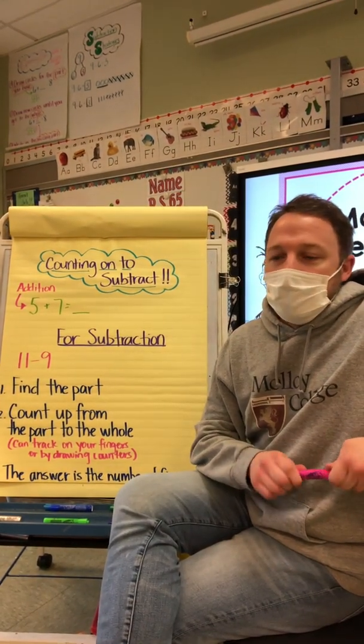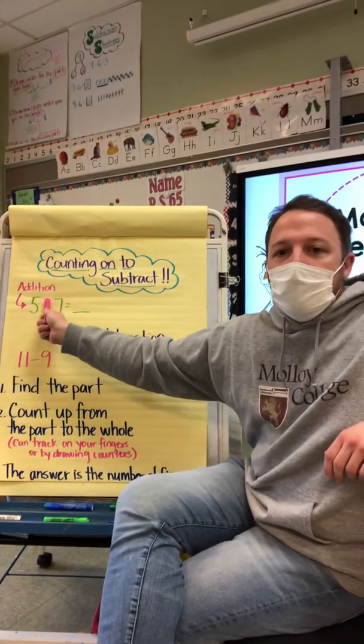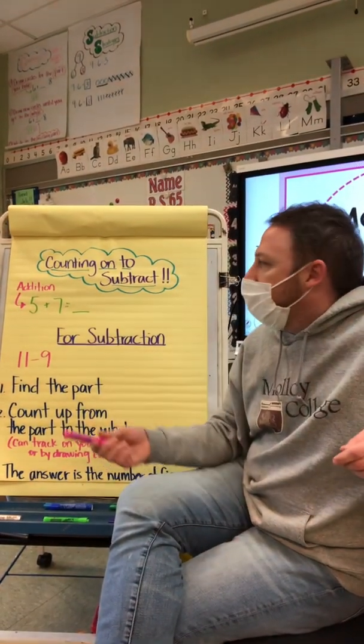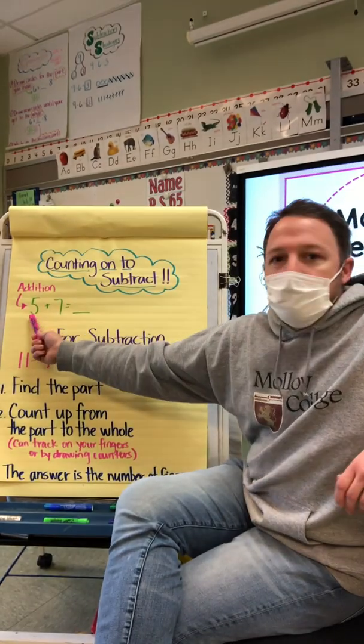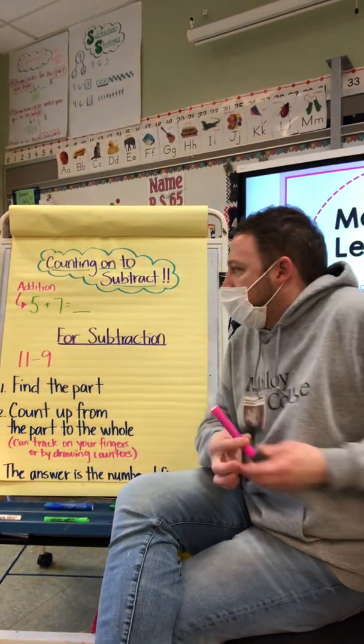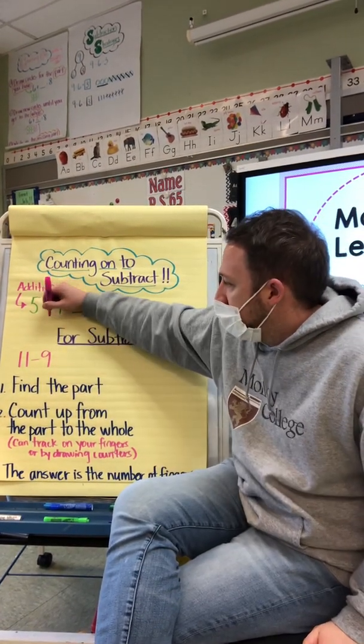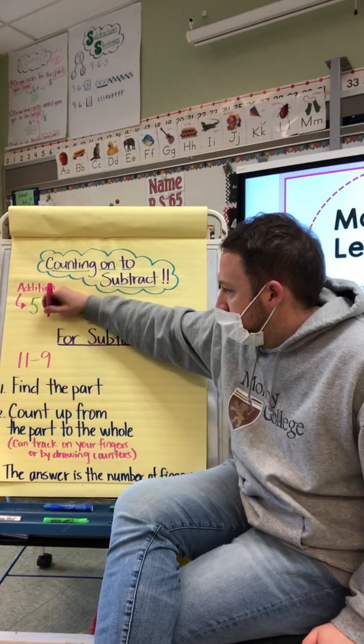Me too. Okay. So, when we think of counting on, generally we think of addition, right? And when we count on for addition, we start at the first part, and then we count on with this. So we've done it like this. We've said we're at 5, so now we have to draw 7 counters.